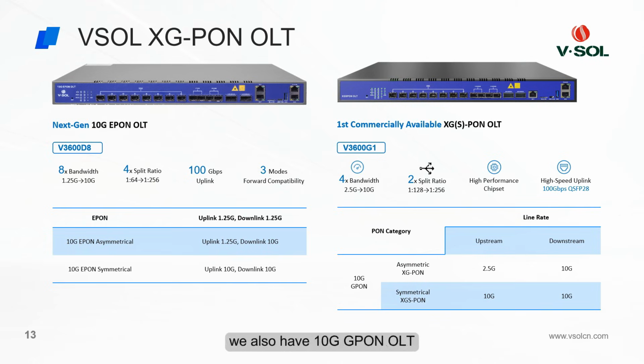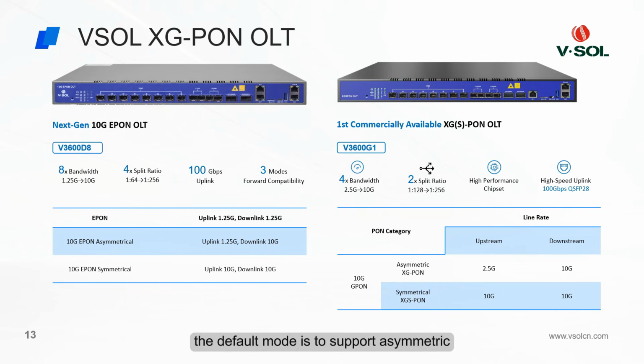In addition, we also have 10G GPON OLT. Compared to GPON OLT, PON port bandwidth supports 10G downlink. Each PON port supports 256 ONU access, and uplink can access 100 Gbps.